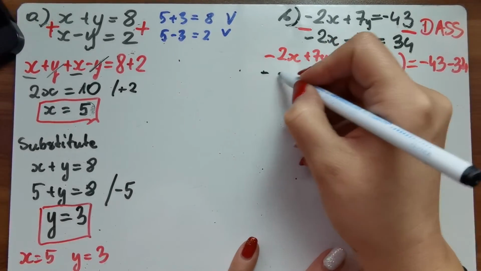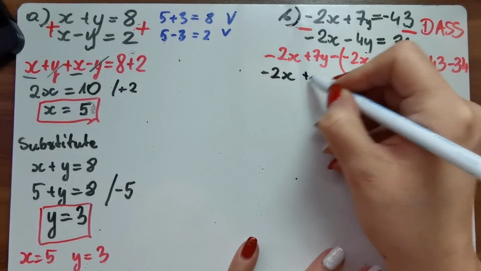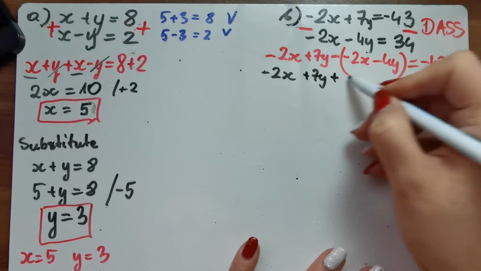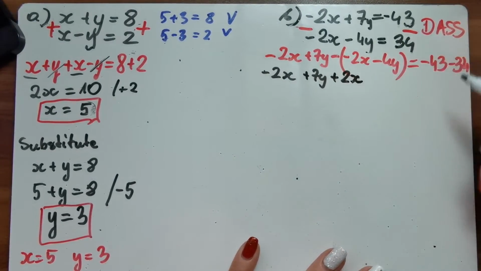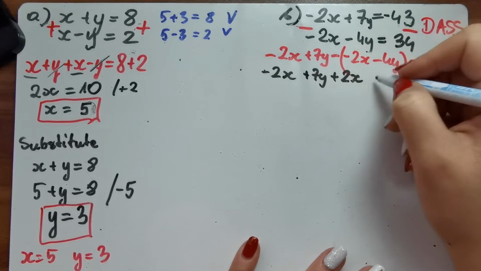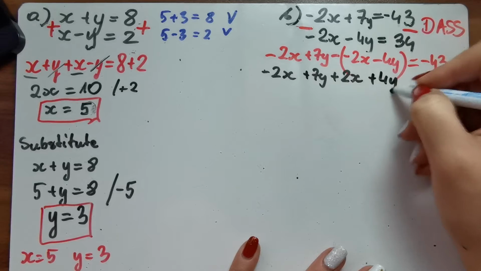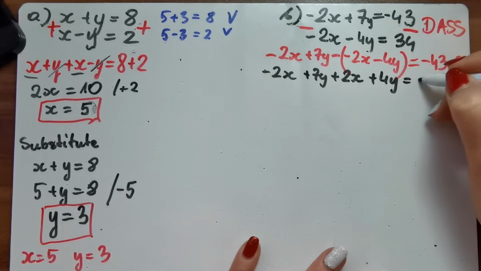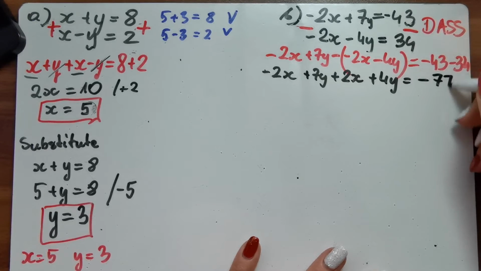So I will get negative 2x plus 7y. Negative and negative will give us a positive sign, so it will be plus 2x. Negative and negative 4y will give us positive 4y. This must be equal to negative 43 take away 34, which is negative 77.